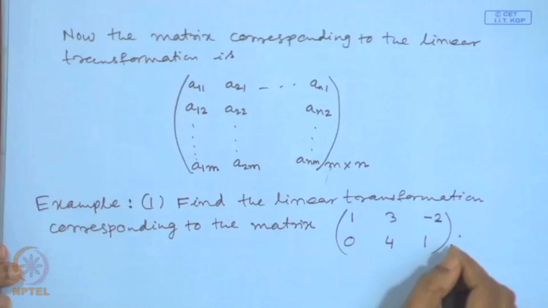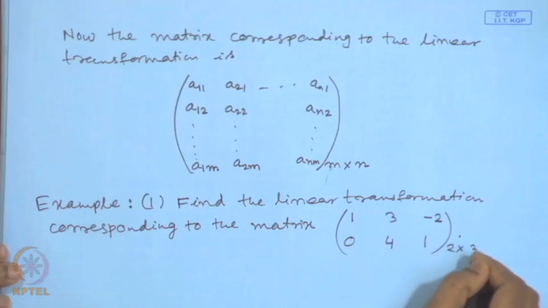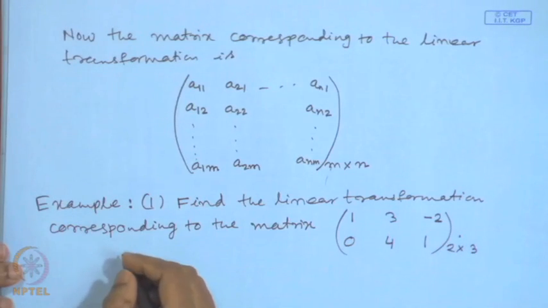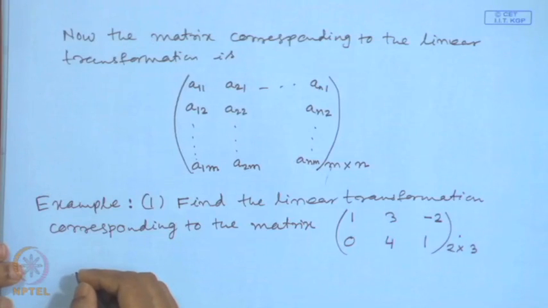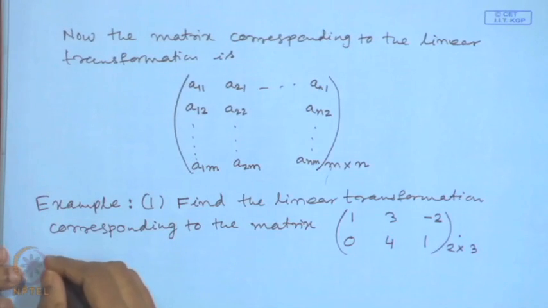Here this matrix is of size 2 by 3, so we get a linear transformation from R3 to R2.